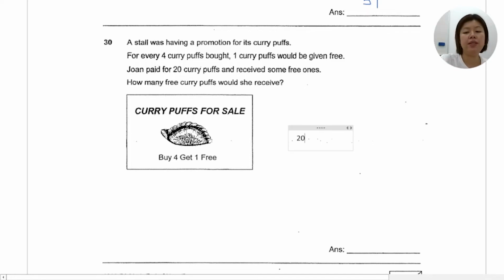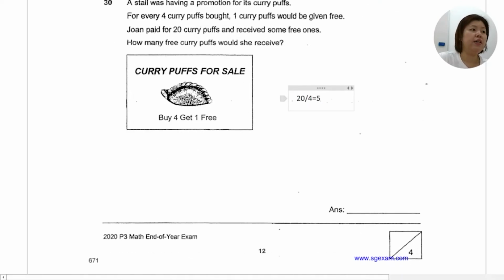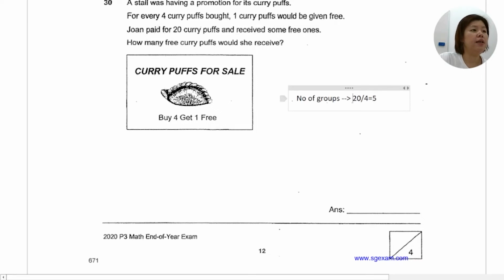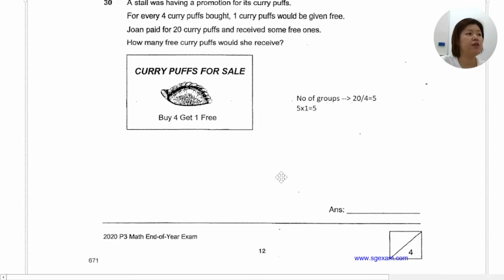Since I buy 20, I can divide by 4 to find 5 is actually my number of groups. Okay, and then since I have 5 groups of 4, and every group of 4 I will get 1, so 5 times 1 equals 5. I'll get 5 free curry puffs.